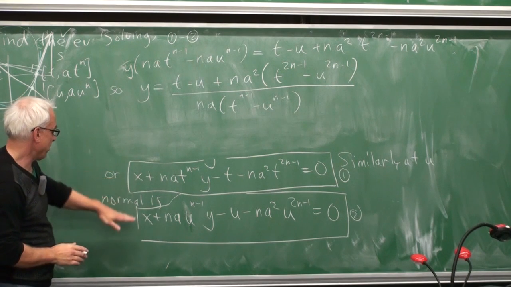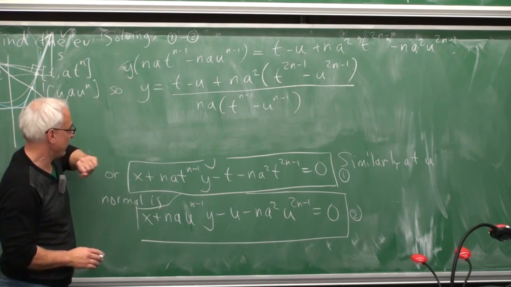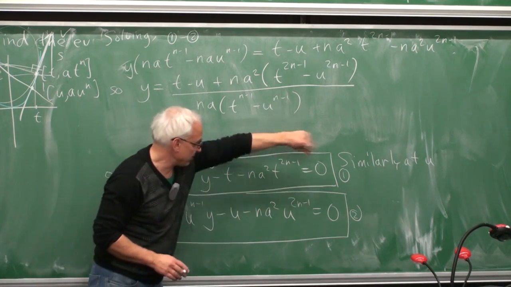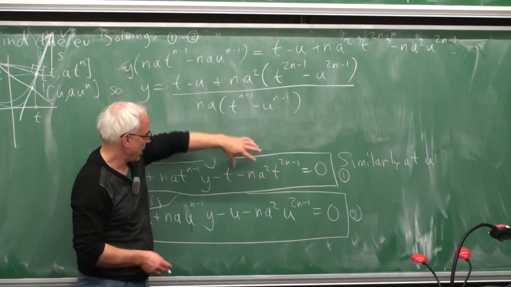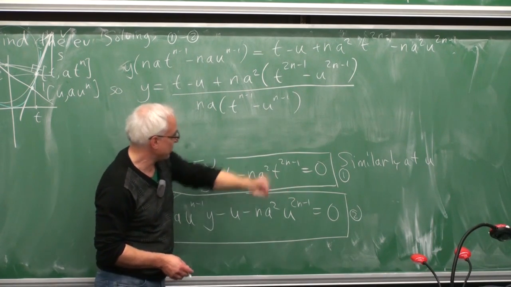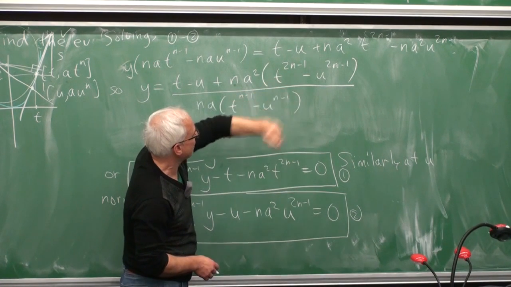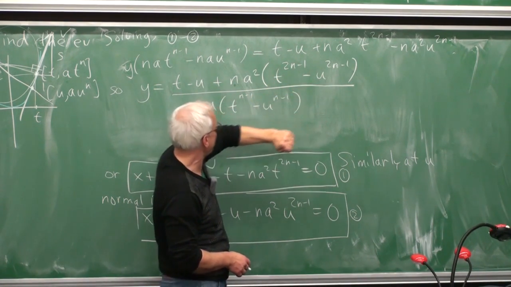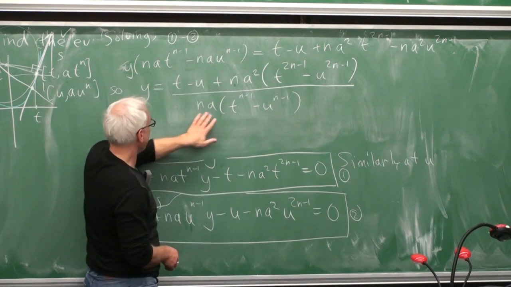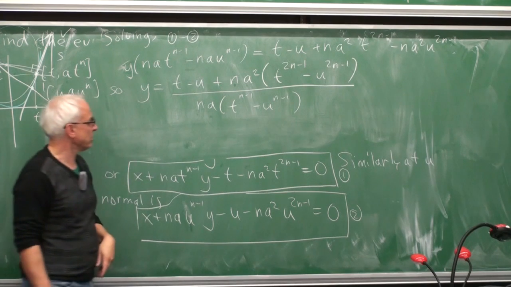We've taken this equation minus this equation, the x's have canceled, this minus this gave us that, and then we took this to the other side, and we had to subtract this to the other side. So t minus u, and this was with a plus sign, and then this one with a minus sign. And then we took a factor of na squared out of there, and we had t to the 2n minus 1 minus u to the 2n minus 1. And down here we factored na, t to the n minus 1 minus u to the n minus 1. Okay, that looks about reasonable.